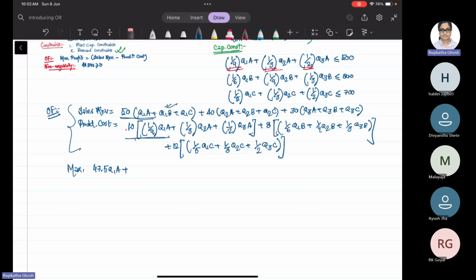Similarly, 50 Q1B. Here you have a Q1B, so this is 4 minus, I guess, 1.33. So 50 minus 1.33 would be 48.6 Q1B, plus 50 Q1C.